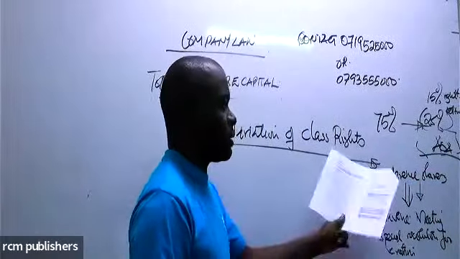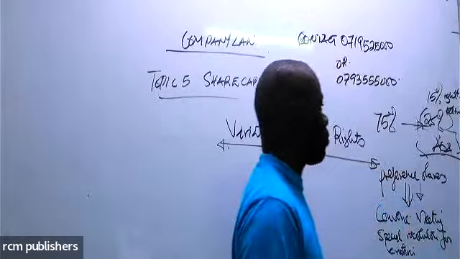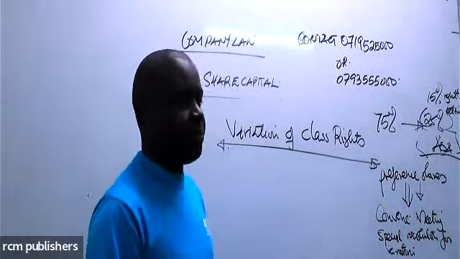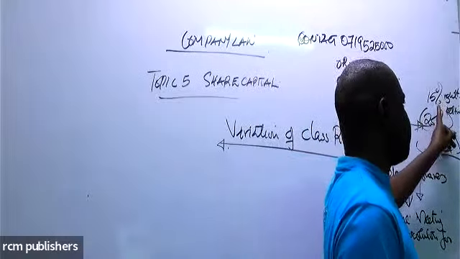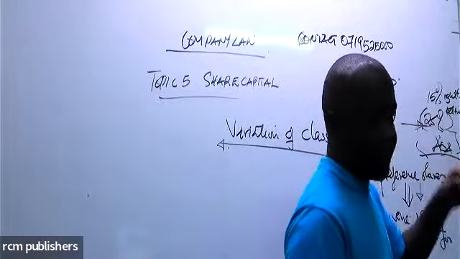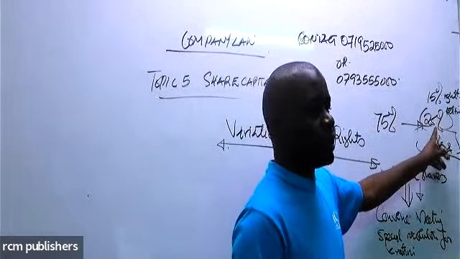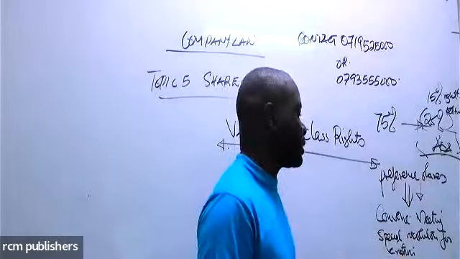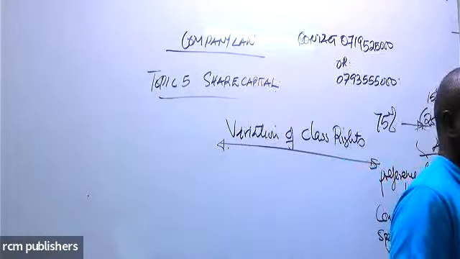So remember 75% were enough to pass the resolution. Perhaps it has already been passed to the company to take effect. But the minority who are 15% plus can object to the variation by petitioning the court. What do you mean by petitioning the court? They simply give reasons to the court as to why they want the rights under that class of shares not to be varied.